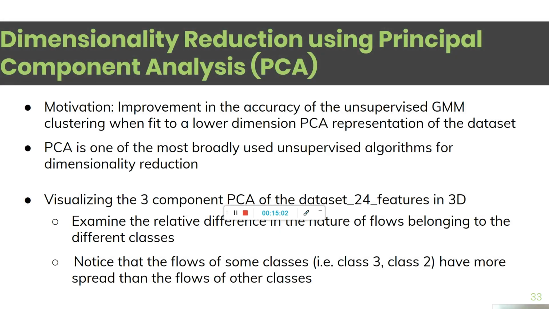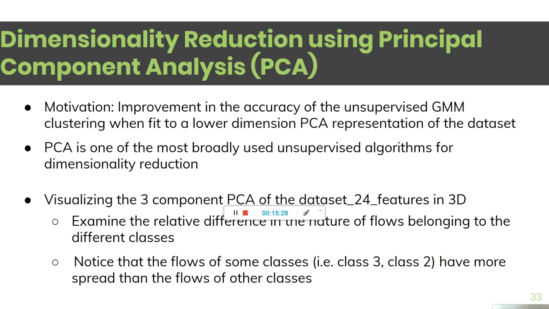So we used PCA, principal components analysis, for dimensionality reduction to reduce the dimension to 3 dimensions, basically the 3-component PCA representation of the 24 feature data set, and that gave us the ability to plot each data sample in 3D space.